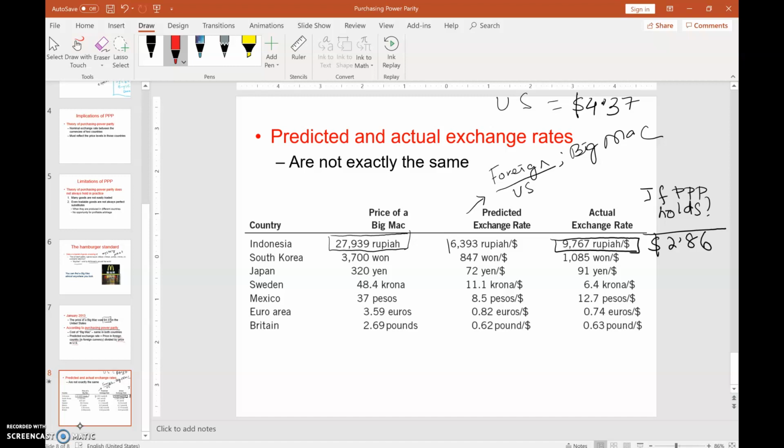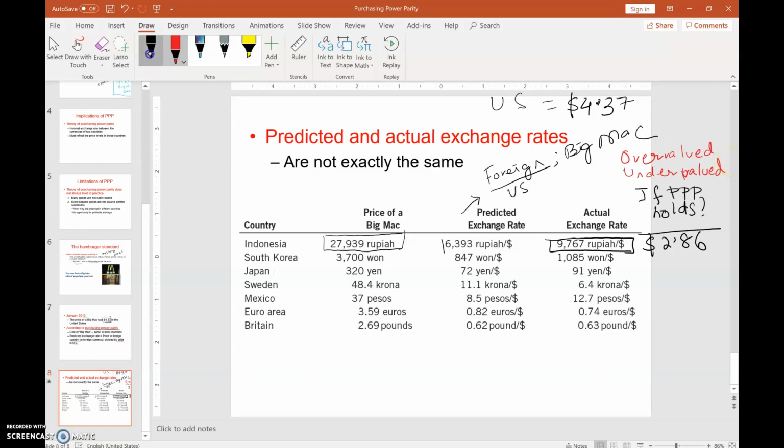For some of the countries the Big Mac is overpriced or overvalued, and in some it is underpriced or undervalued. I'm just going to abbreviate for fun: overvalued as OV, undervalued as UV.